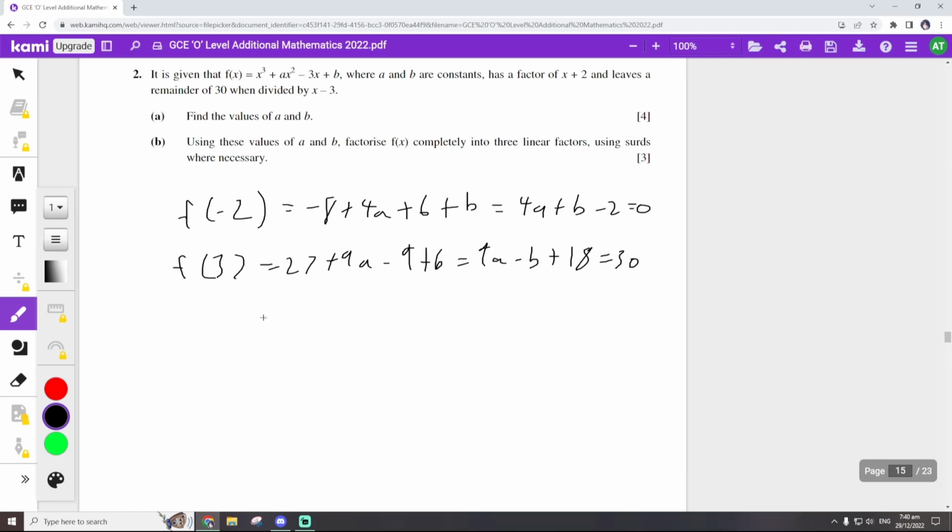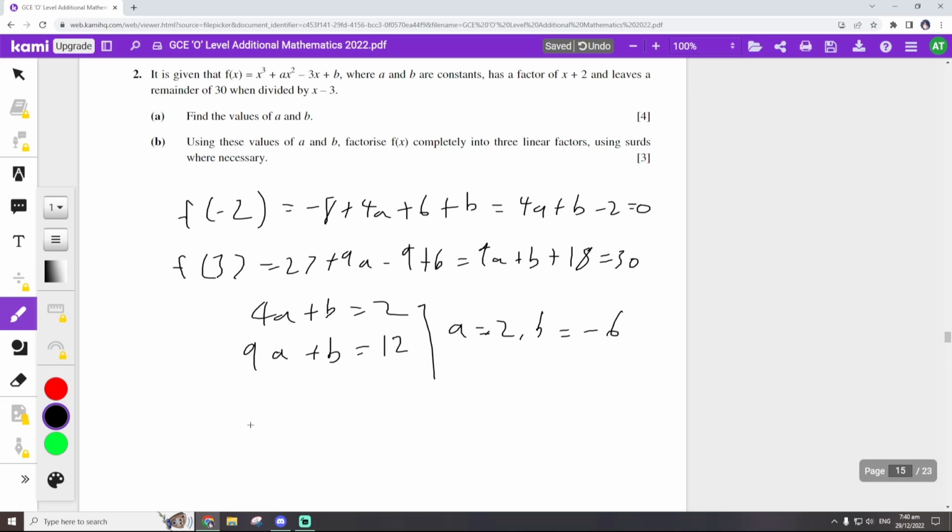So 4a plus b equals 2 and 9a plus b equals 12. Oh sorry, plus. If I solve these two, clearly a is 2 and b is negative 6. Those are your values of a and b.